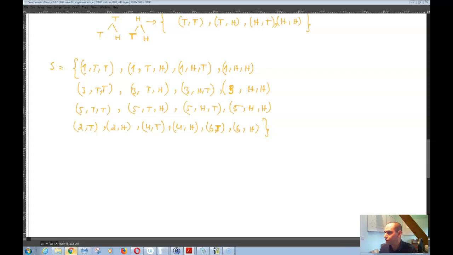Number 14. So we have 1 head. In total we have how many? 1, 2, 3, 4, 5, 6, 7, 8, 9, 10, 11, 12, 13, 14, 15, 16.